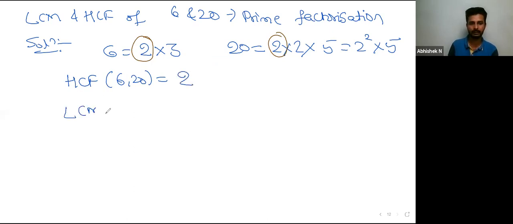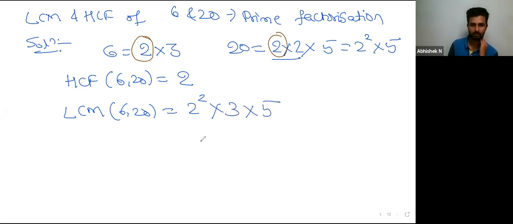What about the LCM of 6 and 20? The LCM is 2 square, then 3, then 5. How much? 4, 4 times 3 is 12, 12 times 5 is 60. So the LCM is 60.